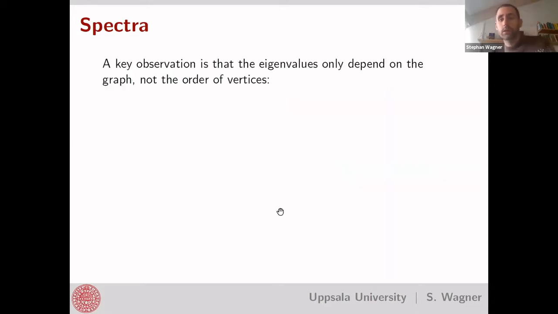Now, we're talking about the spectrum of a graph, often, rather than the spectrum of the adjacency matrix of a graph. The reason why we can do that is that the eigenvalues do not depend on what adjacency matrix I take. In the adjacency matrix, I have some choice. I can choose the order of vertices. But it turns out that, at least for the eigenvalues, this order is irrelevant.